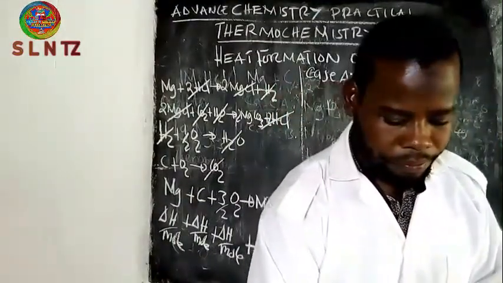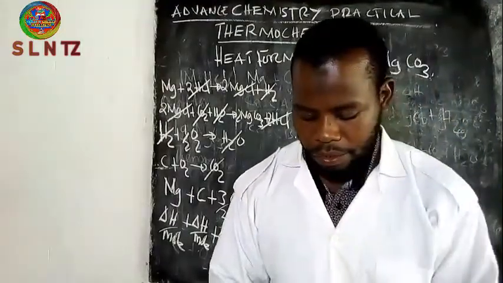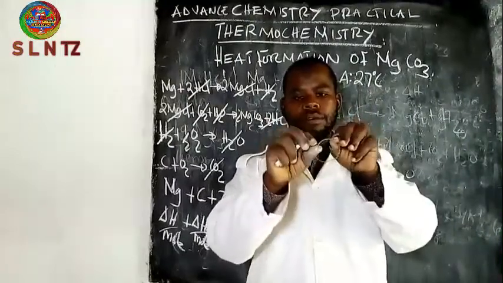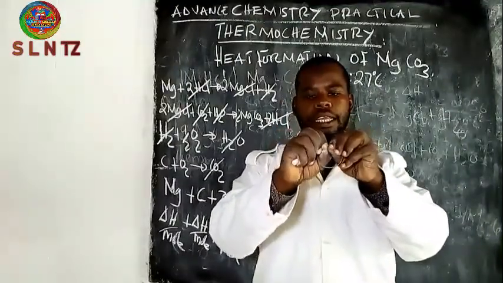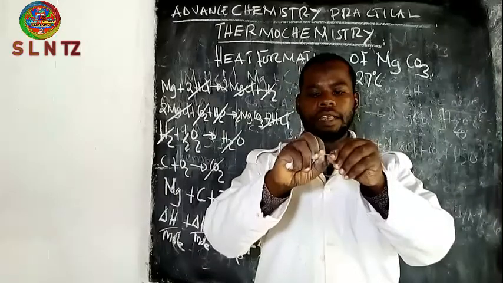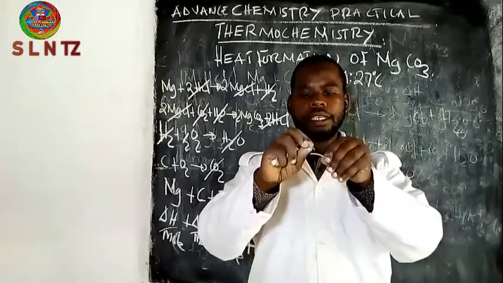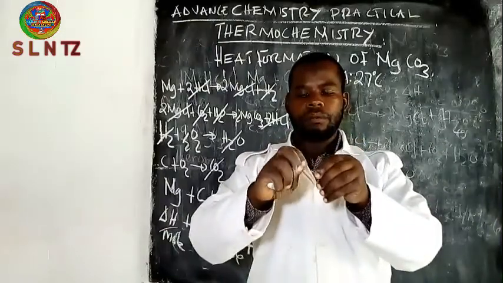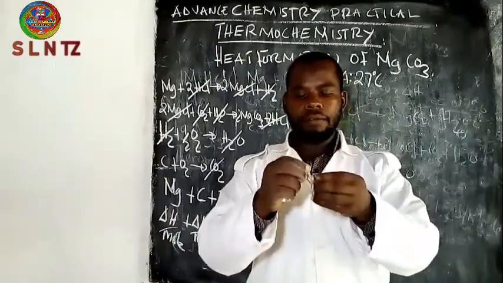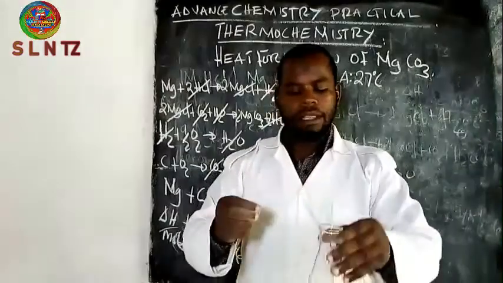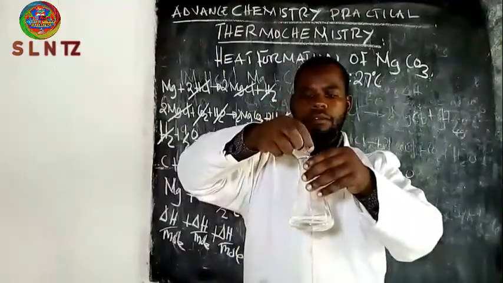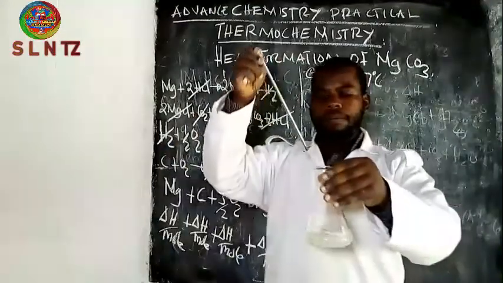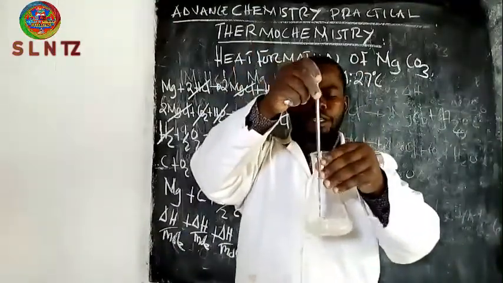Then we are going to add magnesium metal. If we have this magnesium metal, we have to divide it to increase the surface area, in order to save time or to speed up the reaction. Then we are going to see a reaction.